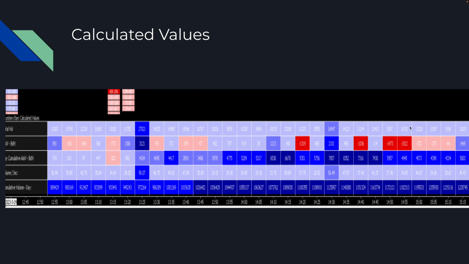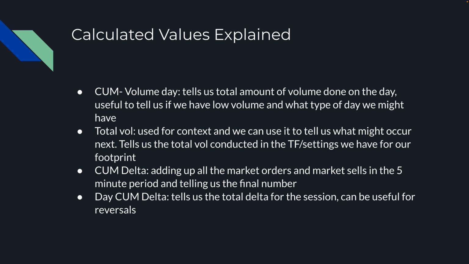And in my opinion, this is probably the most important way of using the footprint. It's the calculated values. The cumulative volume day tells the total amount of volume done on the day, useful to tell us if we have a low volume and what type of day we might have ahead of us.